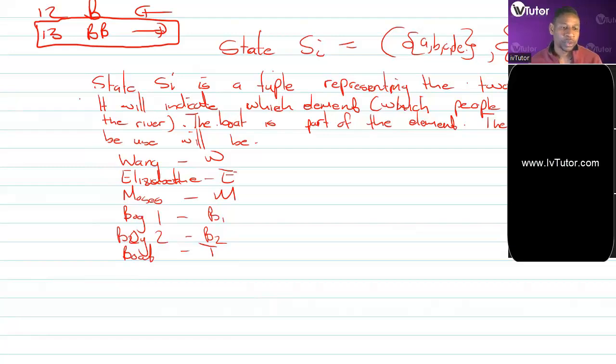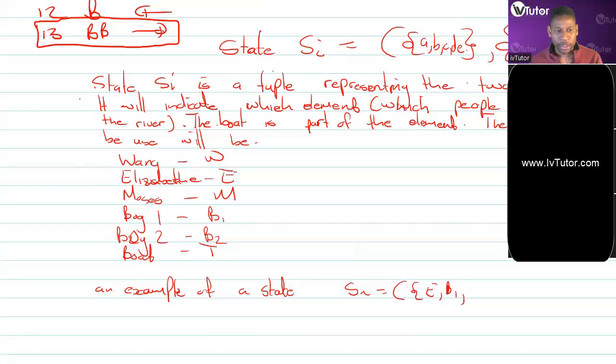So an example of a state is, you can have the E, B1, T, and then we have six elements, 1, 2, 3, 4, 5, 6.